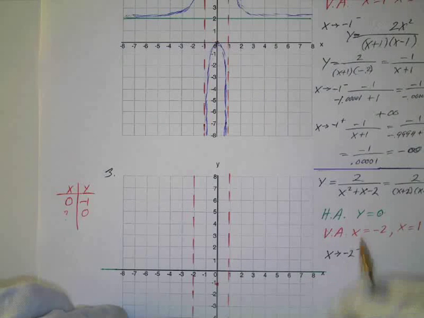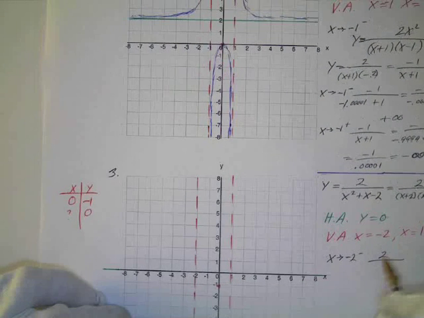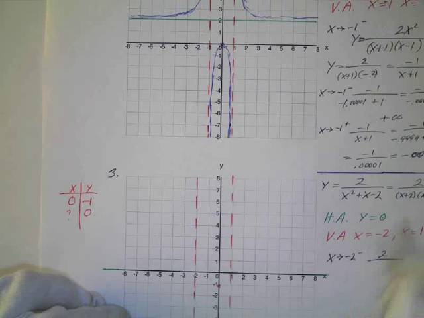So I have y equals 2 all over, that's not going to be a problem there, and then I would have negative 2 plus 2 is going to be 0, so that's going to be the problem, so I'll just write that as x plus 2. And what's this other one going to be? This won't be a problem here, so I can put negative 2 in here, and I'll have negative 2, negative 1.